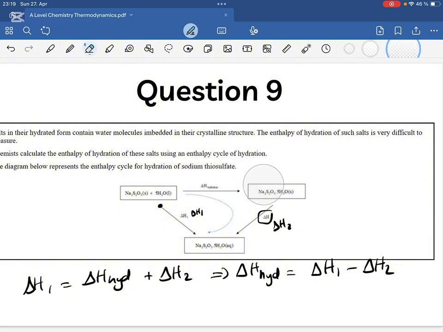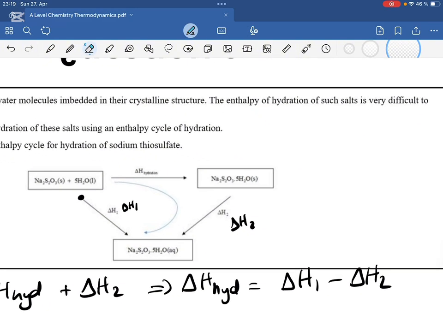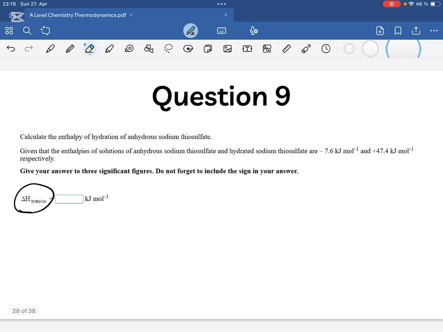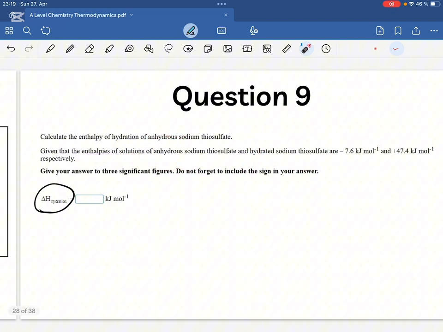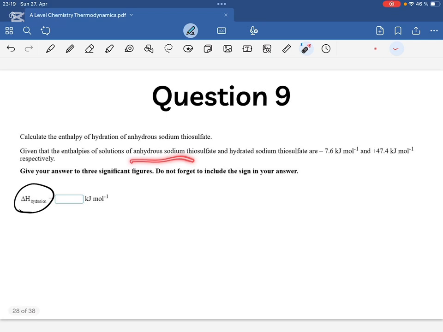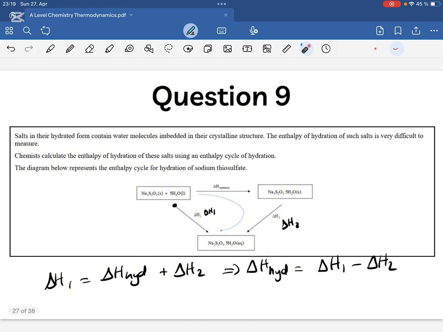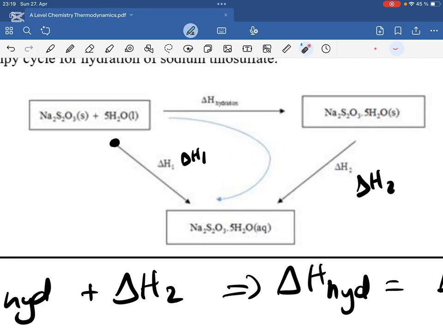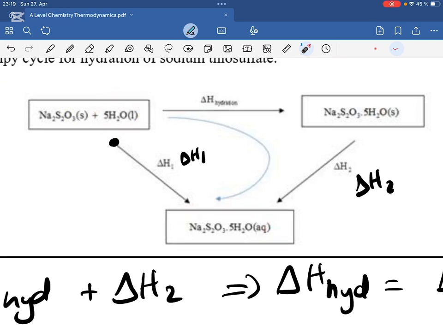So let's look at delta H1 and delta H2, and we just have to substitute them from the values that we are given. They gave me the enthalpy of solution of anhydrous and hydrated. The anhydrous one is minus 7.6, and delta H1 represents the anhydrous one because we have sodium thiosulfate without any water molecules. We're adding water to it, and now it's becoming hydrated.